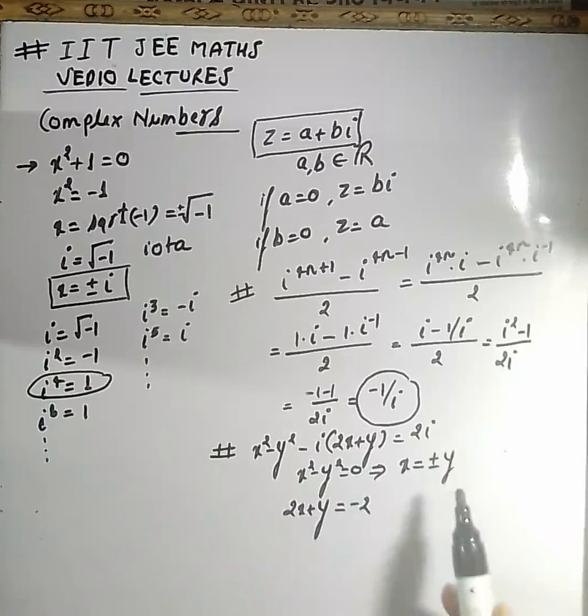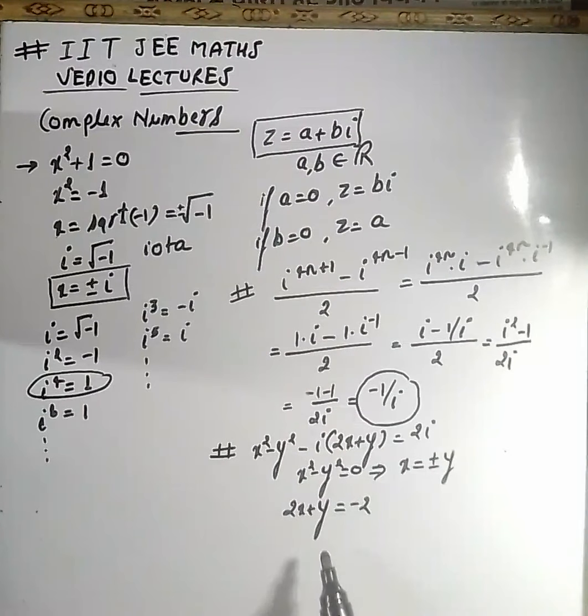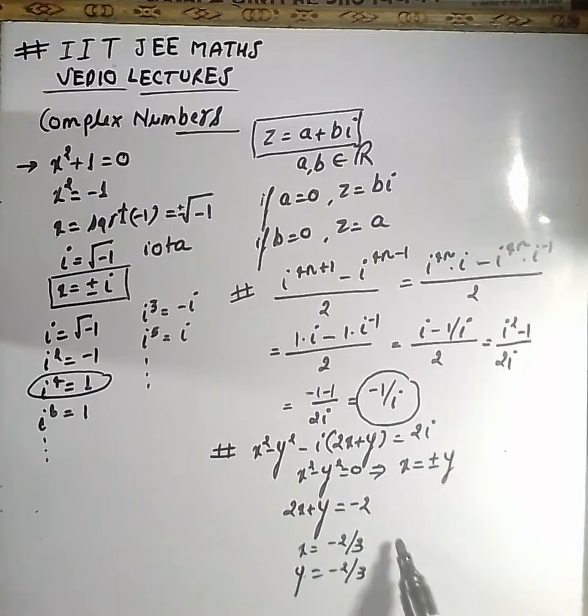So solving these equations, one solution we will have is x equals to minus 2 by 3, y equals to minus 2 by 3, and the other one is x equals to minus 2 and y equals to plus 2.